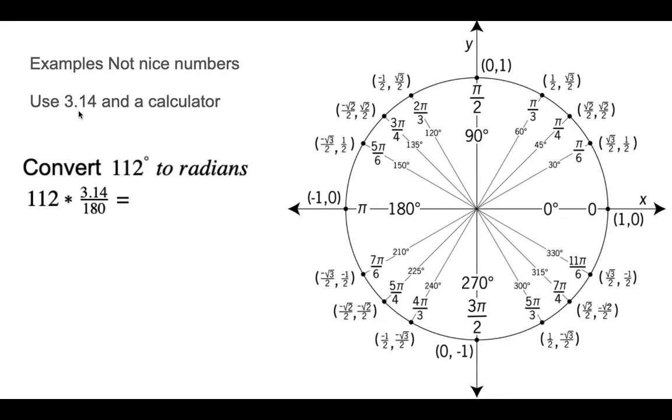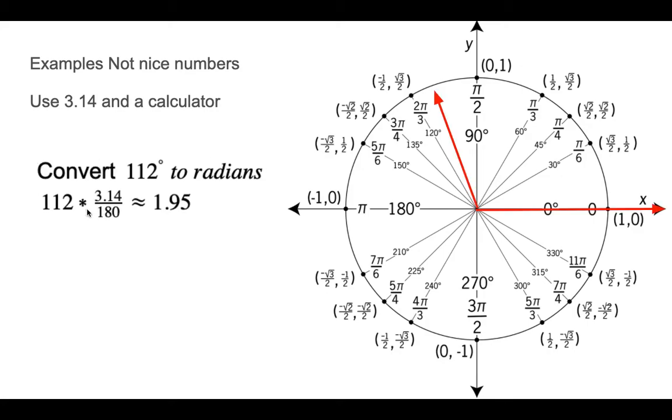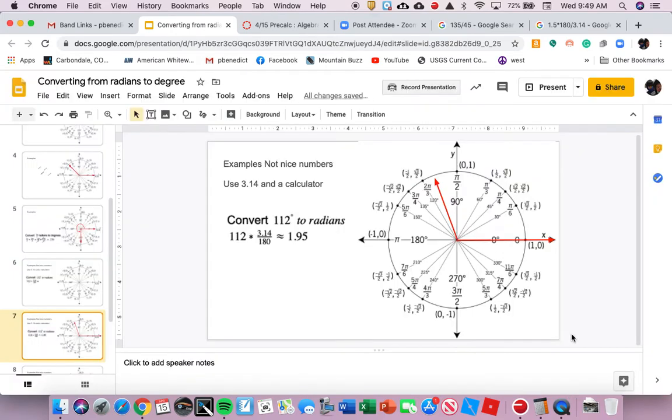But you're still going to use that guideline of whether pi is on the top and degrees is on the bottom by the units. So 112 degrees is on the top, and so 180 degrees is going to go on the bottom in the calculation. I'll go ahead and show you what that looks like.